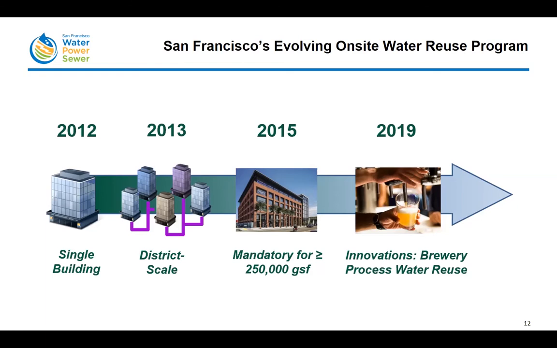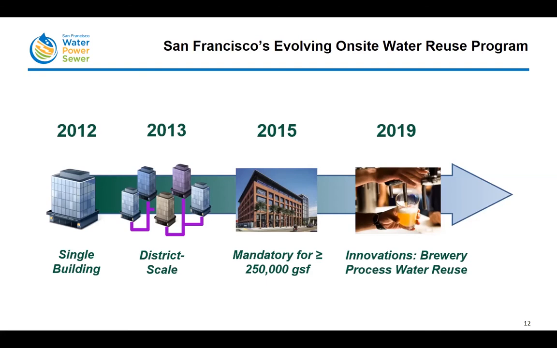When we say districts, we are talking about two or more buildings that are sharing alternate water sources for non-potable applications. And then in 2015, the ordinance that we put into place became a mandatory requirement for new construction over 250,000 square feet. In 2015, we were at the height of a drought, and water conservation was a huge thing for the state.